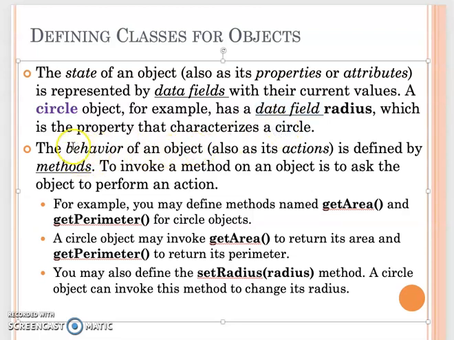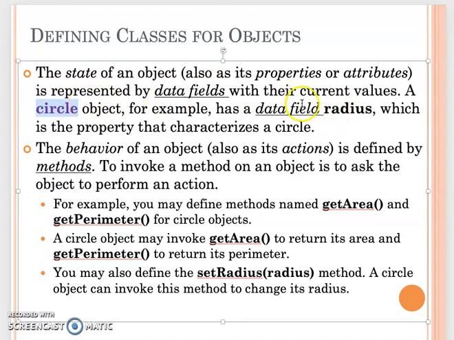Different objects also have their behavior, or sometimes we say action. In the programming world, we define those behaviors as methods. For example, if your chair can adjust its height, then I define an adjust height method in the chair class. The same thing for the circle. The radius can identify a circle.